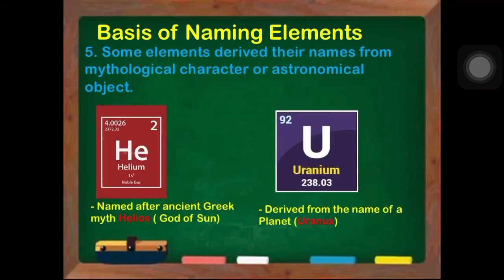And some elements derive their names from a mythological character or astronomical object. For example, helium, named after the ancient Greek myth Helios, god of the sun. Another example, uranium, derived from the name of the planet Uranus.